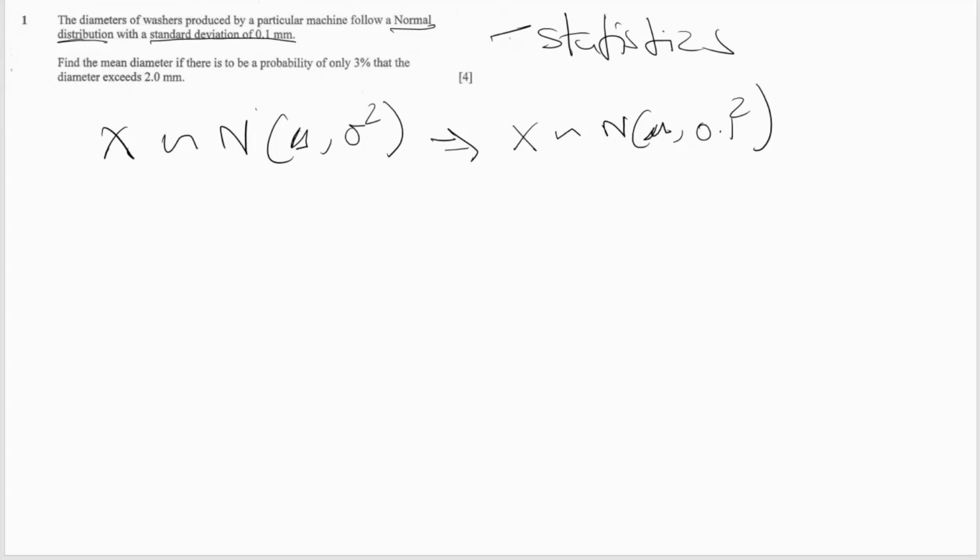There is a probability of only 3% that the diameter exceeds 2 millimeters. So our variable x is the diameter here. The probability of x exceeding 2, getting rid of the units here, is equal to 0.03.